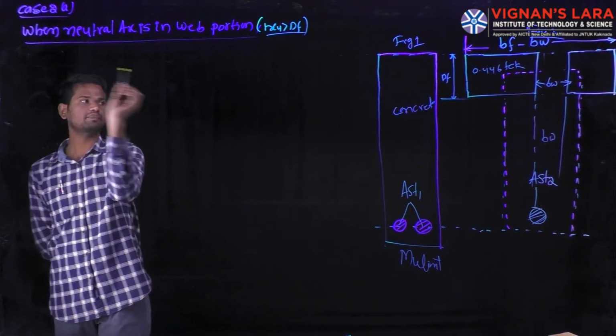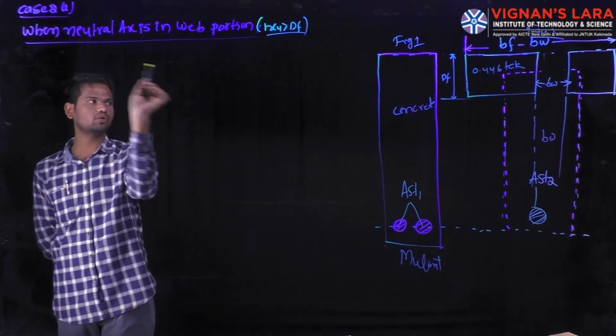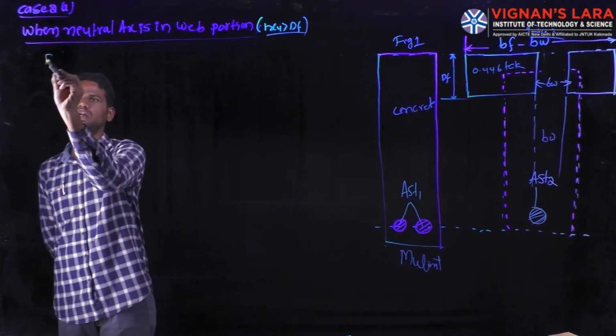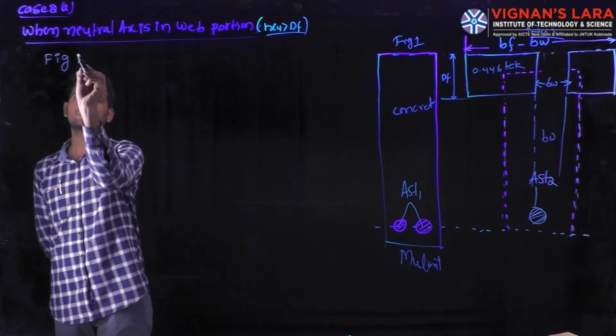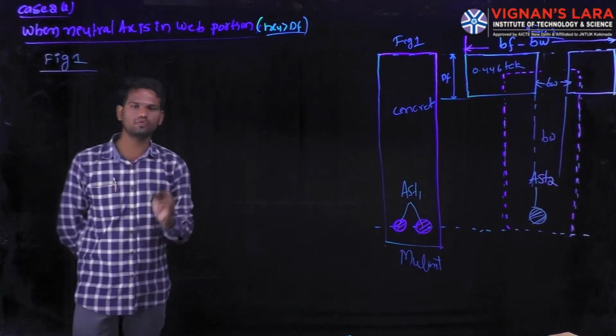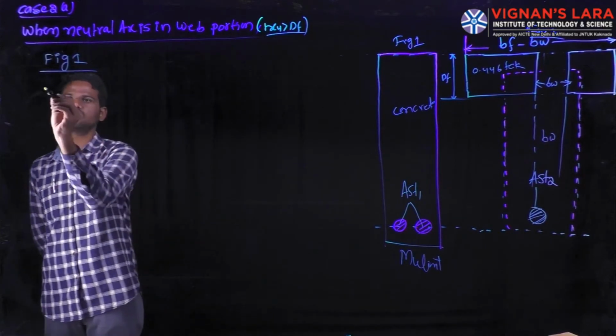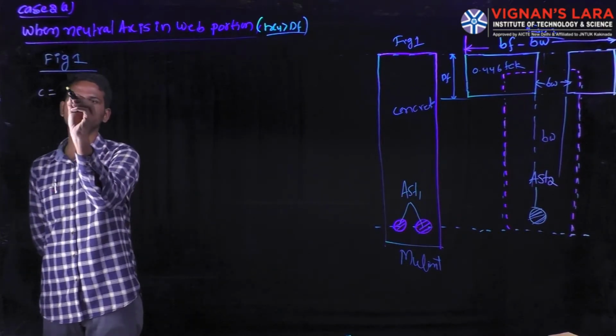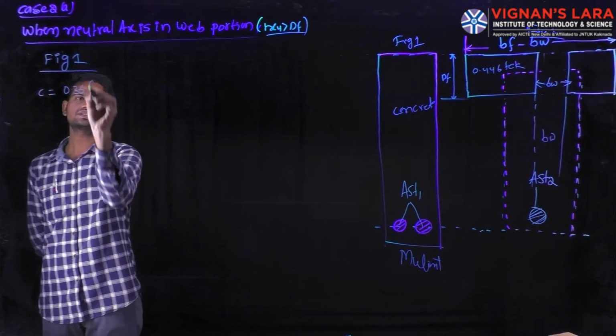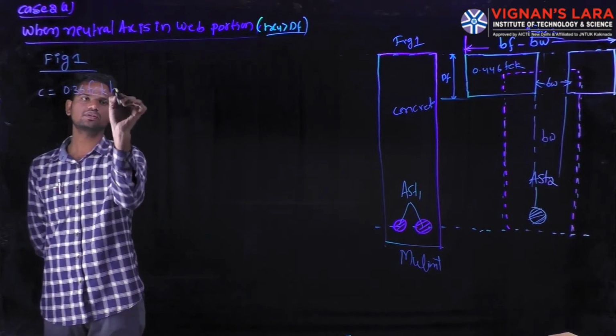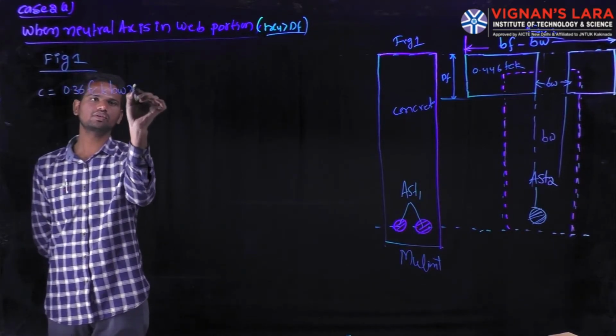Okay, from this I am calculating the total compressive force and total tensile force from figure 1 and figure 2. From figure 1, we know the total compressive force is C equal to 0.36 into FCK into BW into XU.